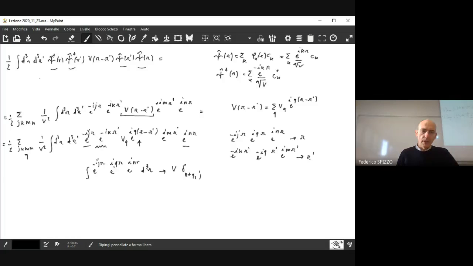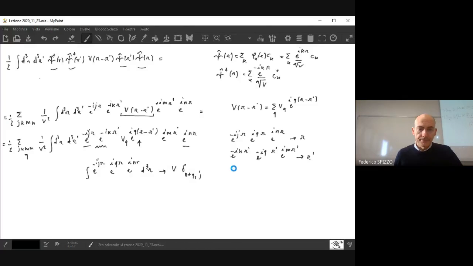So the request here is that this integral is different from 0 only if the summation of wave vector n plus wave vector q minus wave vector j is equal to 0. So we may replace this integral with the volume times this Kronecker delta where we have those three indexes.